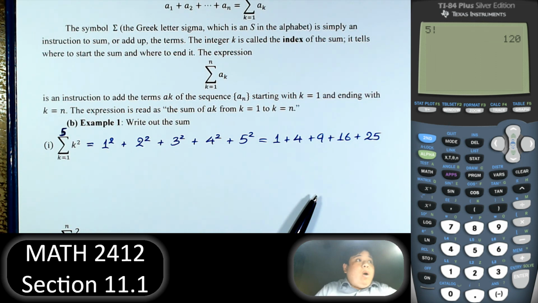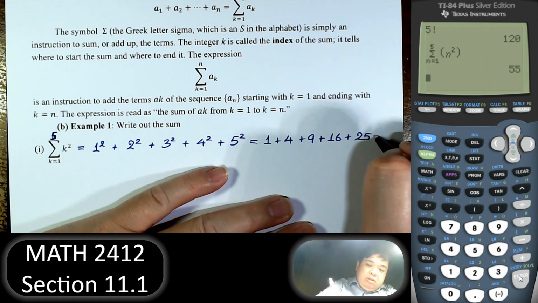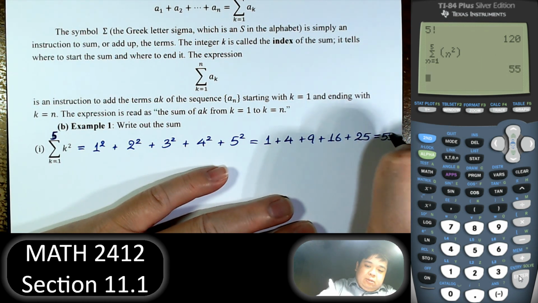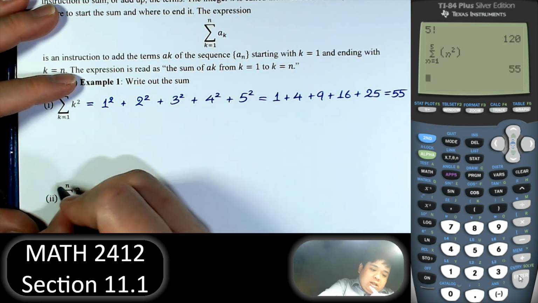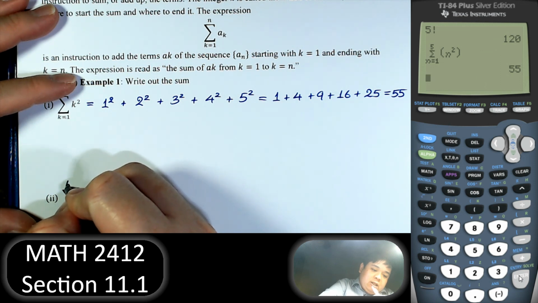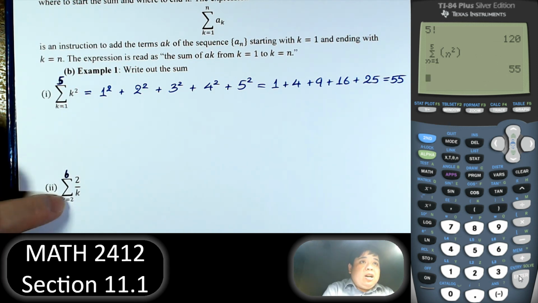Right. If we want to use the calculator, by the way, not every calculator can do this, but if you're using the TI-84, when you hit math and go down, there's the option that says summation, and we use that. Let's say n goes from 1 to 5, and here we have n squared. Because that indeed is 55. Also, let's put some numbers here. Let's put this 6. This is the summation of k going from 2 to 6 of 2 over k.